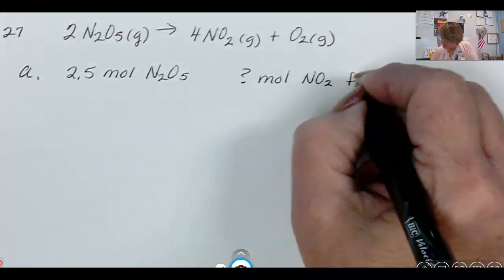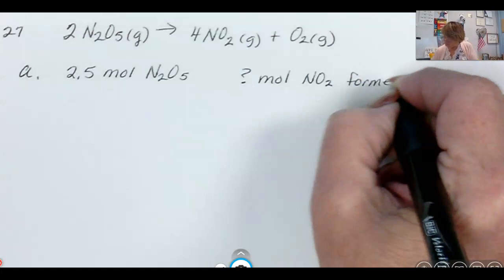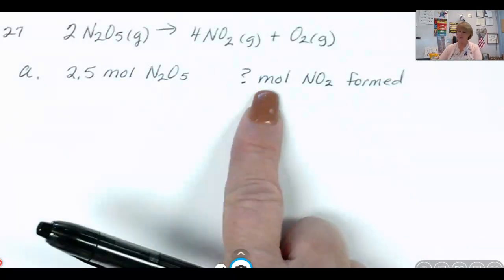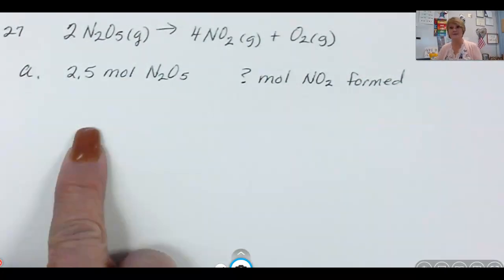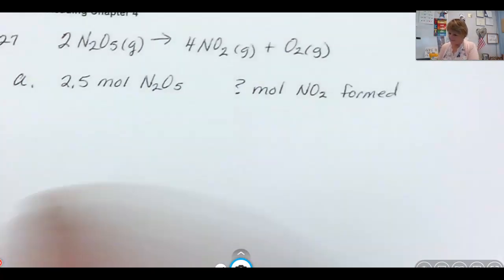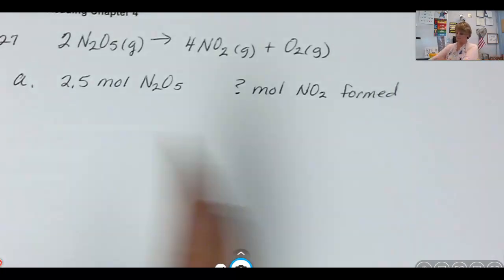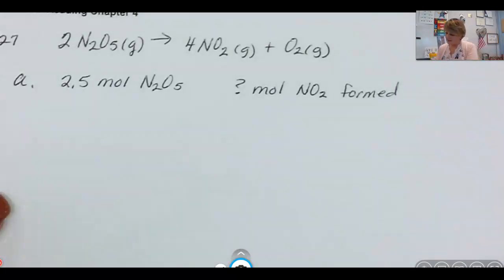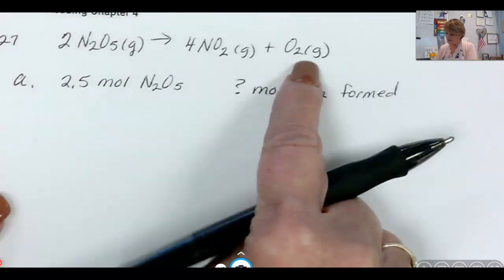Okay, so that's what my question is. So I'm going to moles. I'm starting with moles. And so again, first question, always ask yourself, is the equation balanced? And again, we said yes, it was.